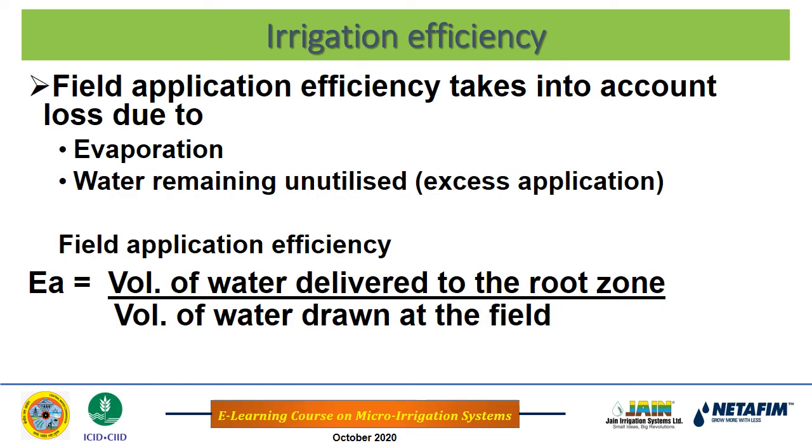Field application efficiency takes into account loss due to evaporation and water remaining unutilized, and excess application also would result in some kind of loss. Field application efficiency is basically the volume of water delivered to the root zone to the volume of water drawn at the field system.